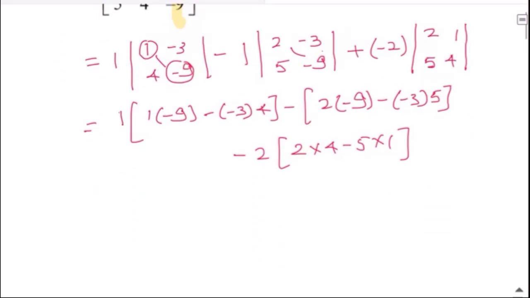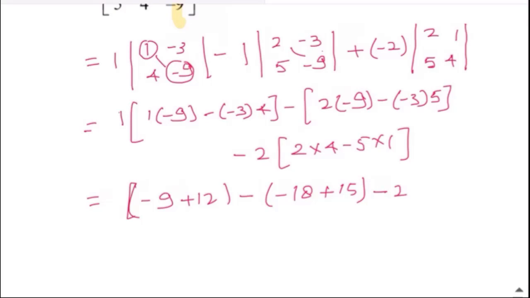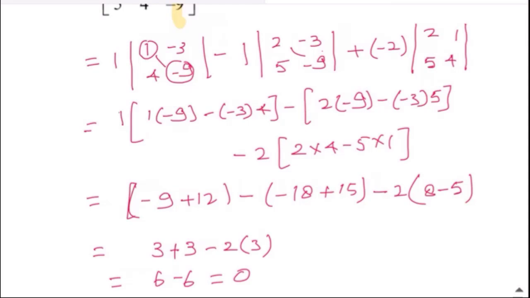So we have minus 9 plus 12, minus 18 plus 15, and minus 2 into 8 minus 5. So we get minus 9 plus 12 is equal to 3, minus 3, that is plus 3, minus 2 into 3, that is 6, minus 6 is equal to 0. So the determinant of this matrix is equal to 0.